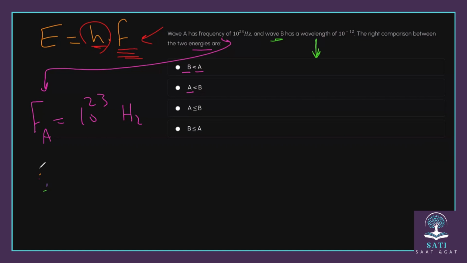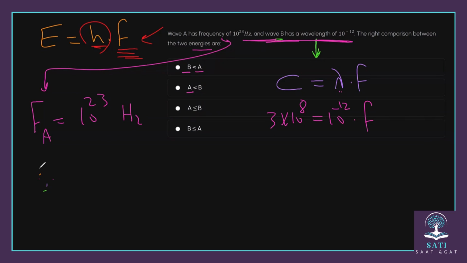And electromagnetic waves have a formula: the speed of light equals wavelength times frequency. The speed of light, we know, is 3 times 10 to the power of 8. It equals the wavelength, which here for B is 10 to the power of negative 12, times the frequency.